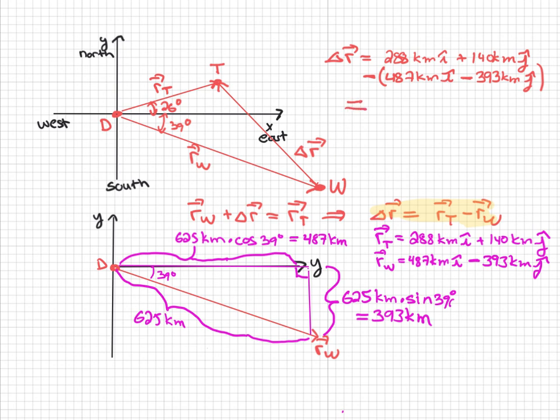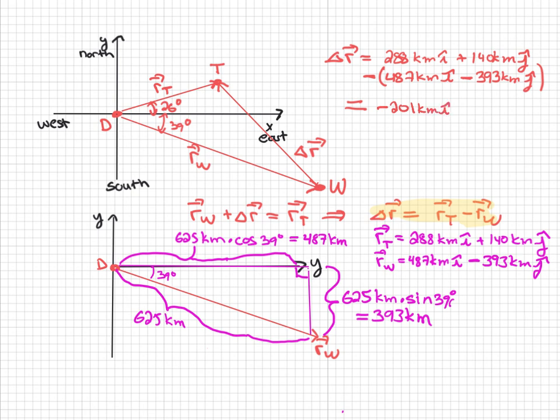And what does that equal? Well, all I've got to do is numerically subtract the x and the y components. So 288 minus 487 is negative 201 kilometers i hat.